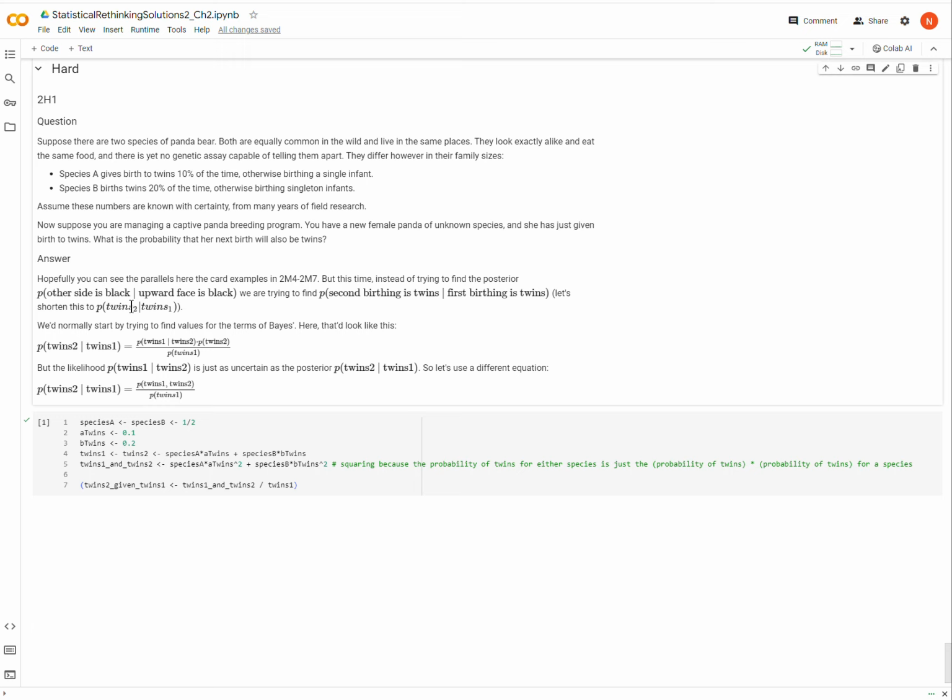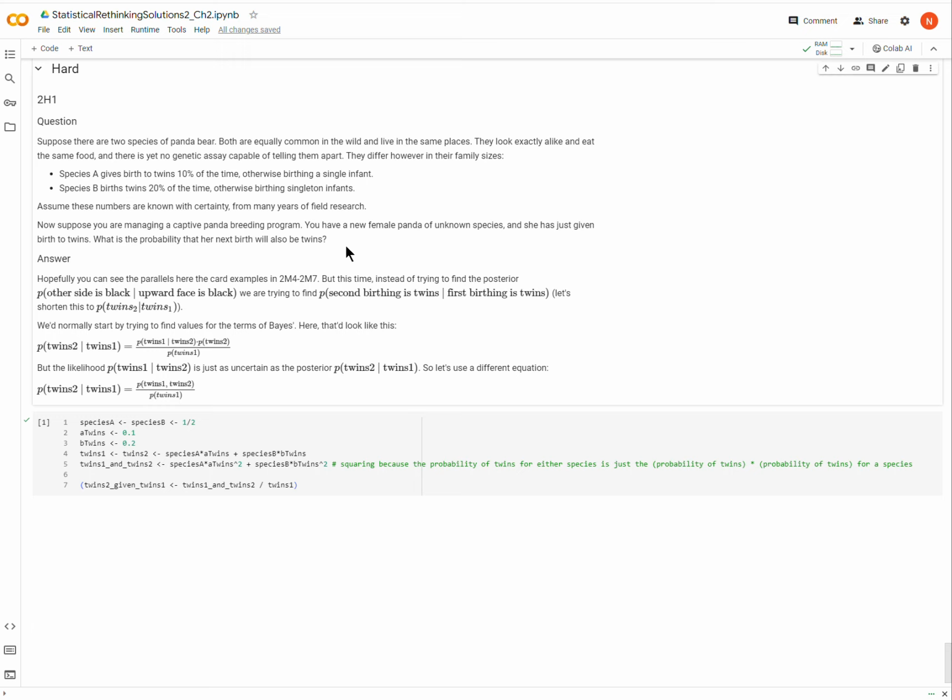So if you've been watching through the card videos, the 2M4 to 2M7 or so, you'll notice some parallels here. In the card videos, we turned a card over that had two sides, and we saw a black face up, and the other side might be black or white.